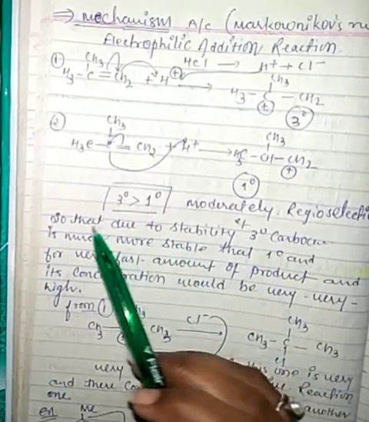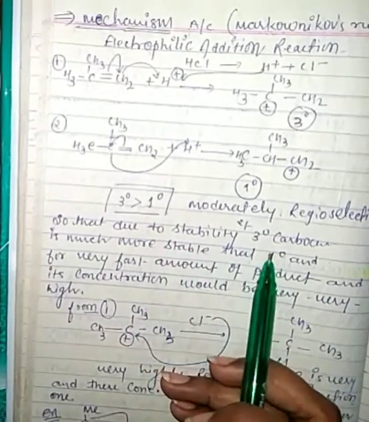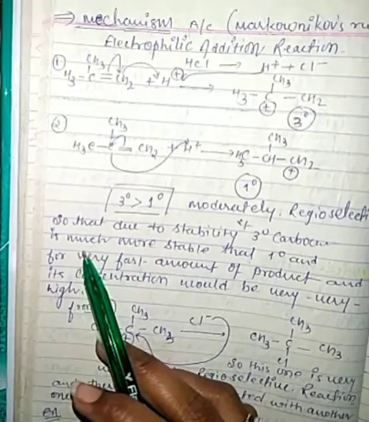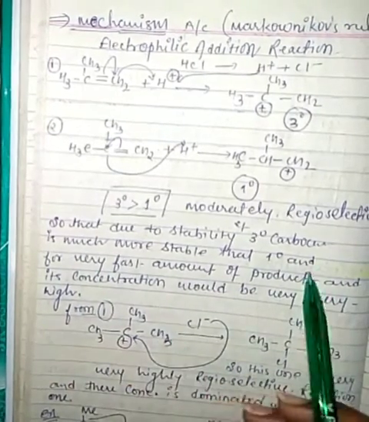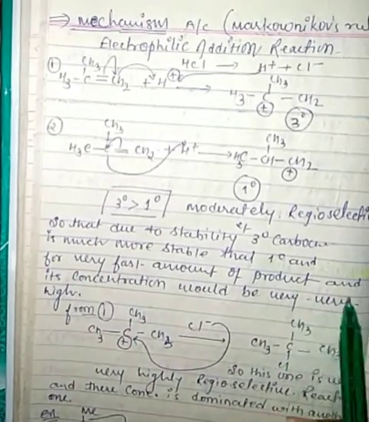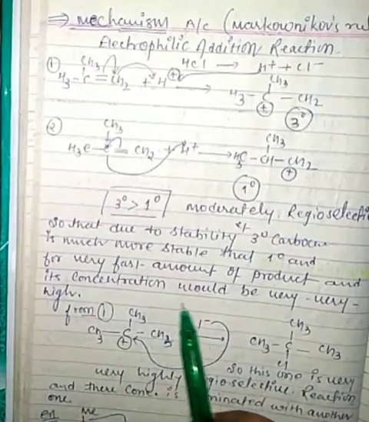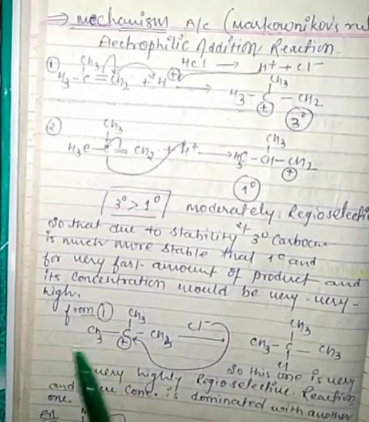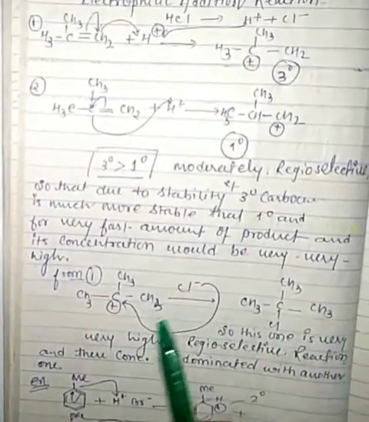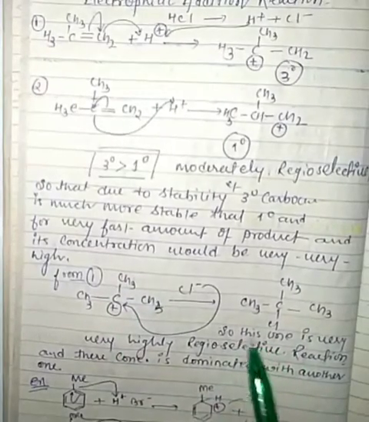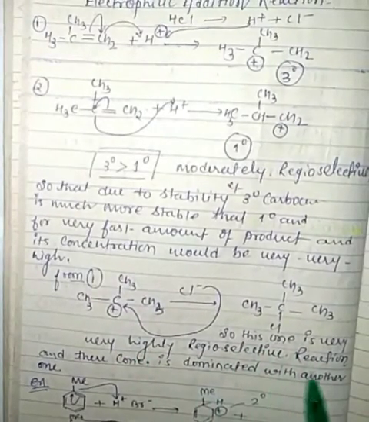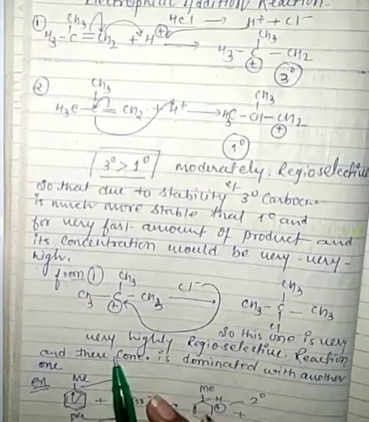Due to the stability, the 3rd-degree carbon is much more stable than 1-degree, and a very fast amount of product forms and its concentration would be very, very high. Next, this is formed. So this one is a very highly regioselective reaction and its concentration dominates over the other one.